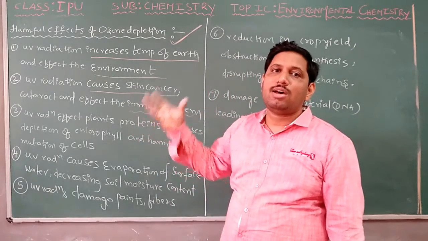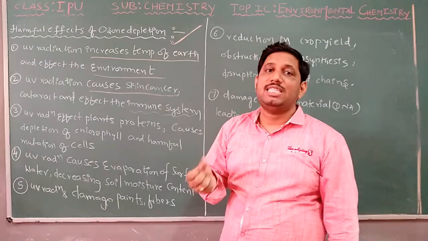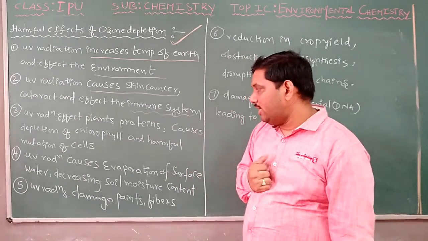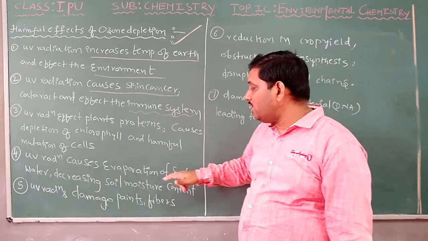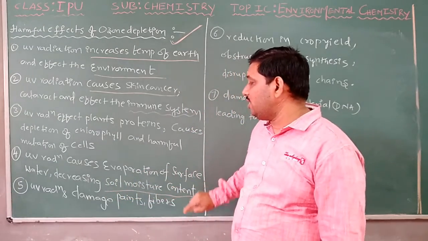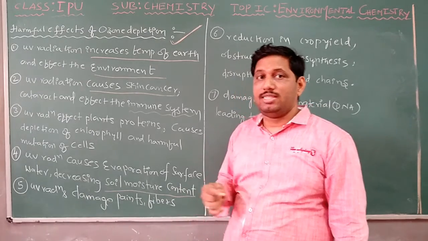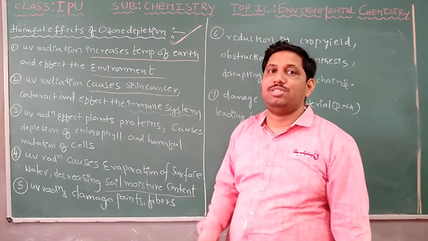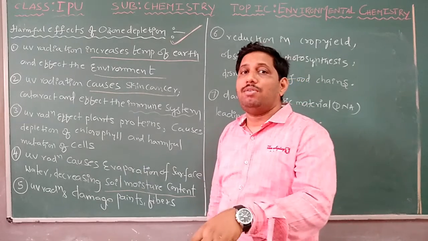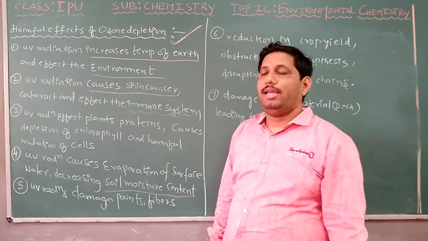Generally, the intense ultraviolet radiation causes evaporation of seawater, then water content decreases. At the same time, it also decreases the soil moisture content needed for agriculture. That also decreases due to the fall of the ultraviolet radiation on the earth.